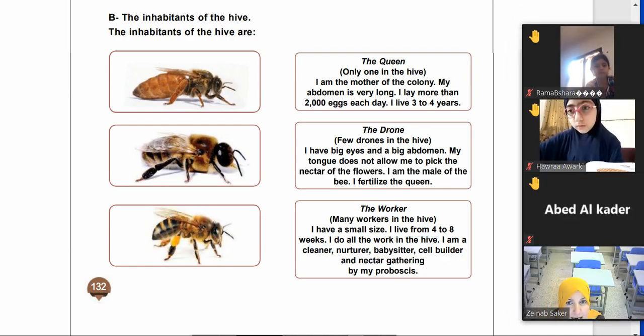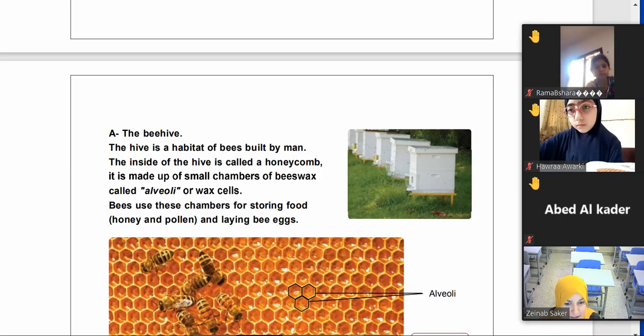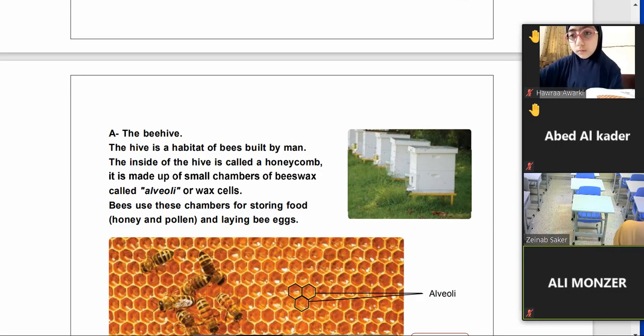So, as we said, the bee lives in a hive, and this hive may be natural or artificial. It may contain from 40,000 to 60,000 bees.